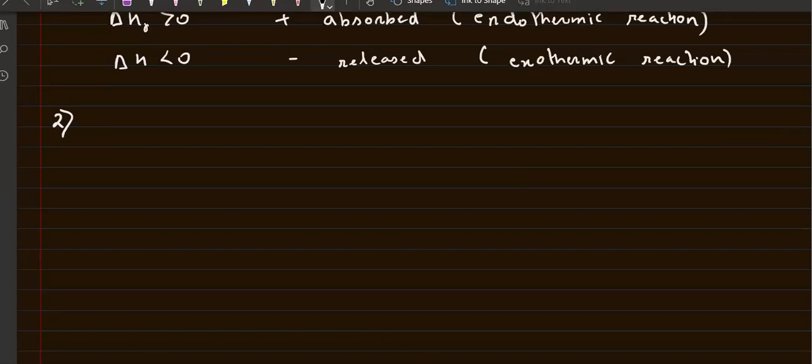The second is enthalpy of combustion. What would be the basic definition of enthalpy of combustion?